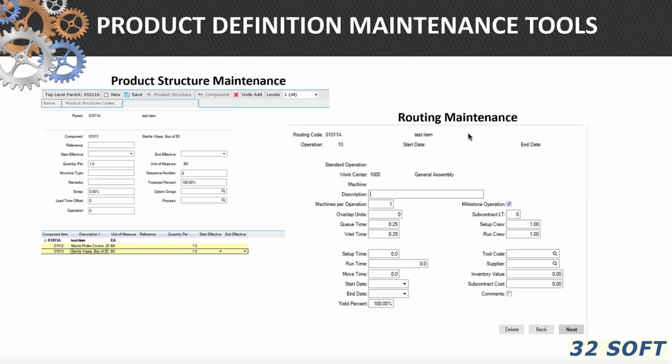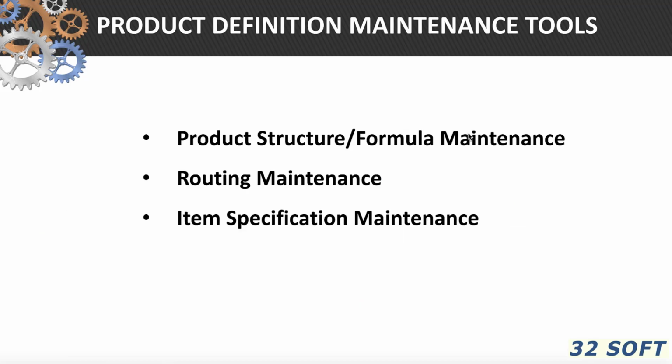The efficiency of any process is dependent on the tools used. We can use the same tools we have used for the initial setup. Modify product structure using product structure maintenance function, and routings using routing maintenance. Changes can be made in advance or delayed by setting the revision effective date.